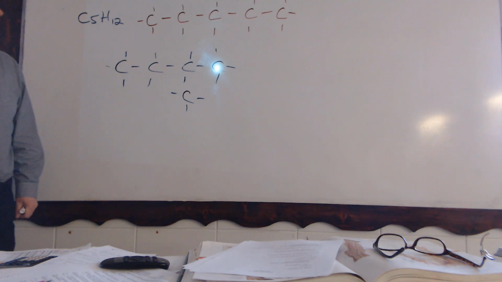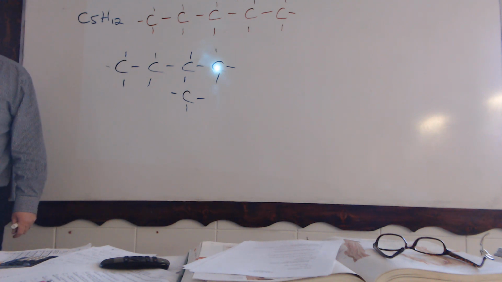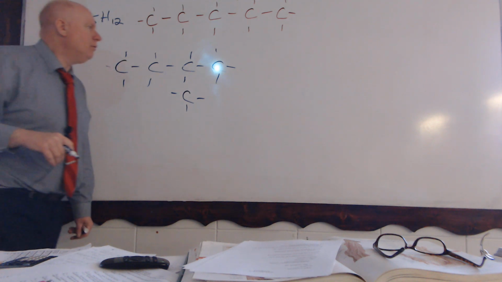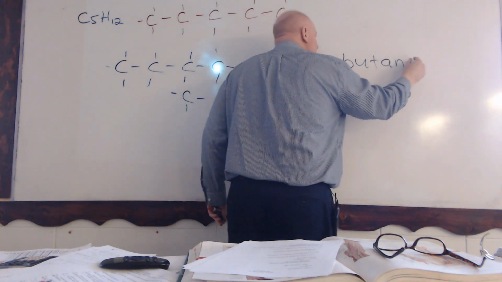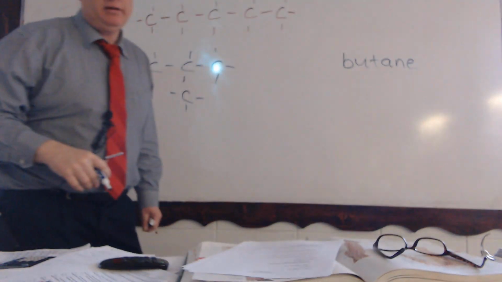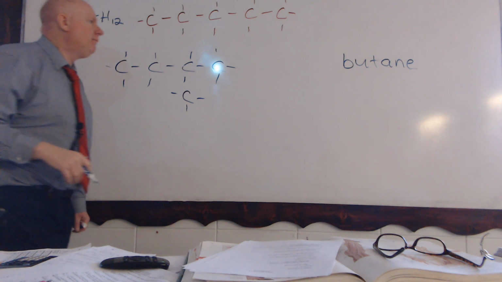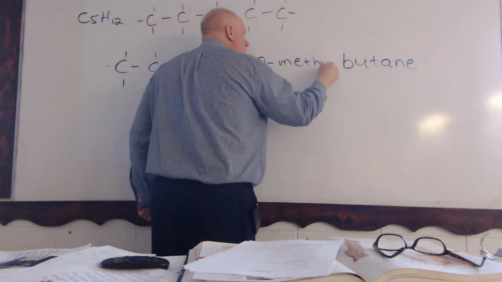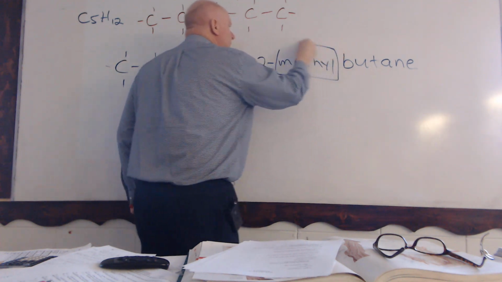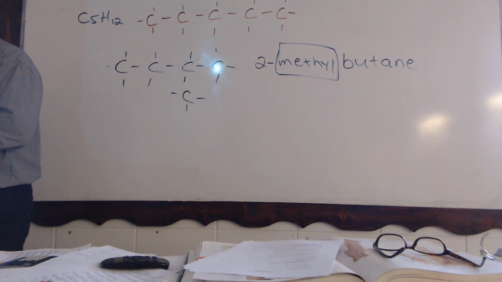Because what do we have now? It is butane. Is there anything branching off of that butane? What do you suppose that is? What is it called if 2 carbons branched off of it?